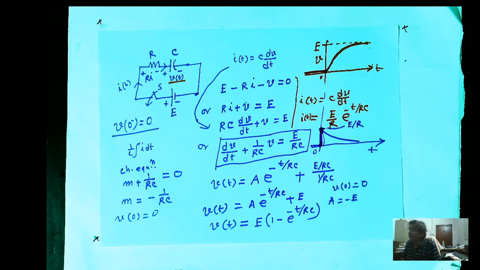So this is how I have to get along with solving a circuit having energy storing elements.